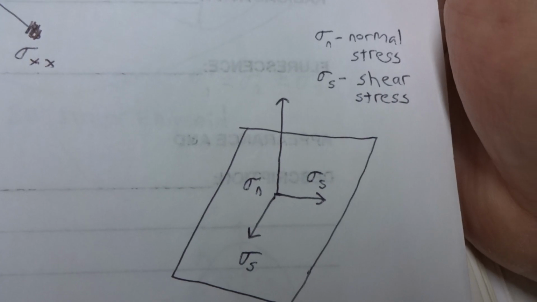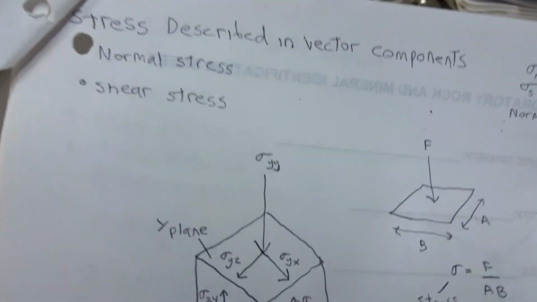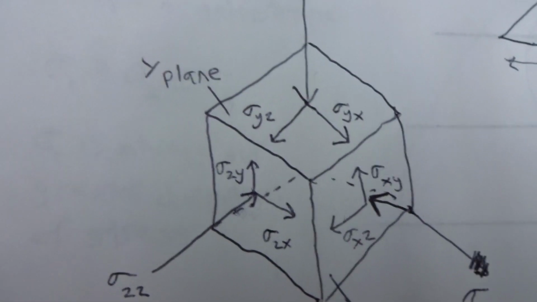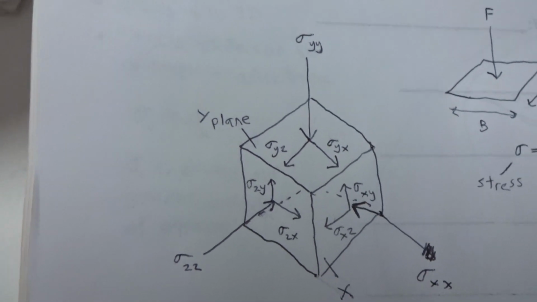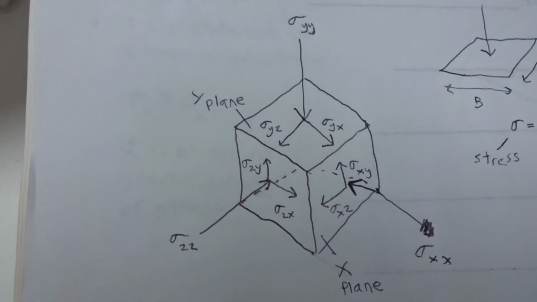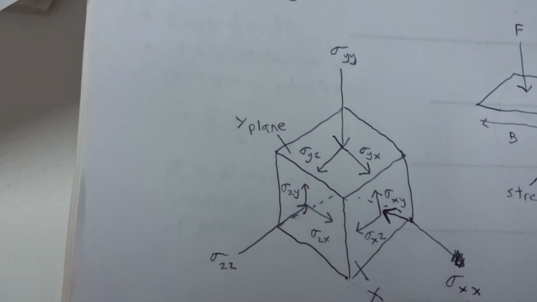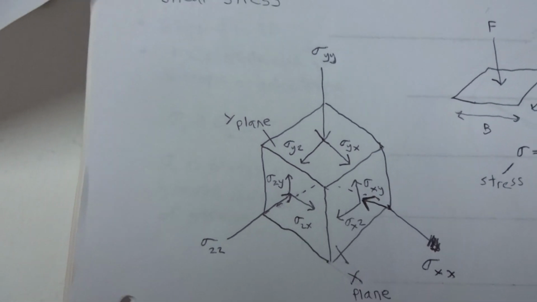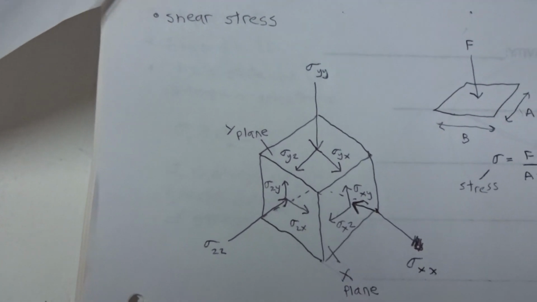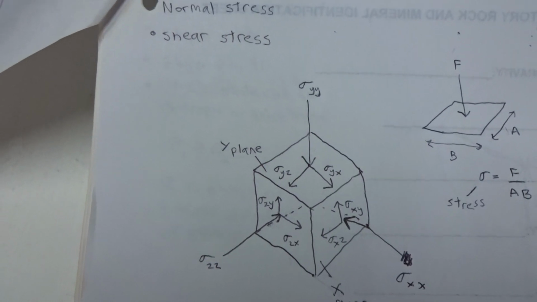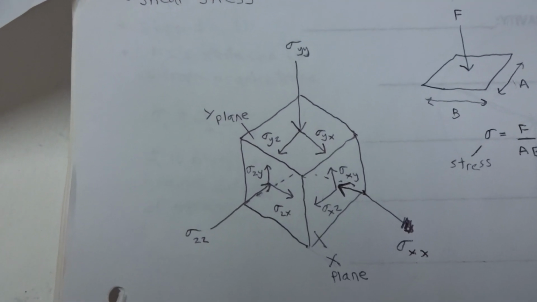It results in two vector components. And it gets more complicated in a three-dimensional formation, a diagram showing those stresses in the XYZ coordinate system.